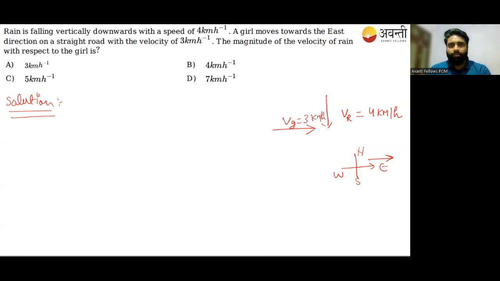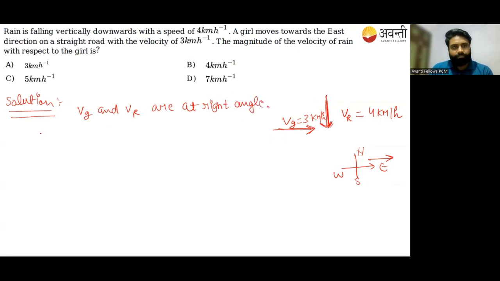Now, the magnitude of the velocity of rain with respect to the girl. We have to find only the magnitude. Here, if you consider them as vectors, these vectors Vg and Vr are perpendicular to each other, at a right angle.